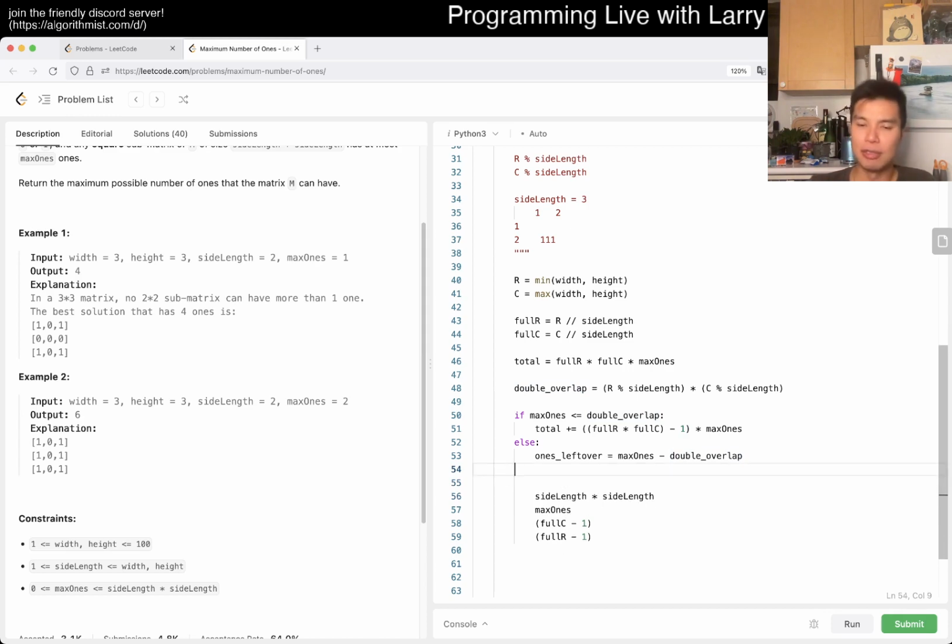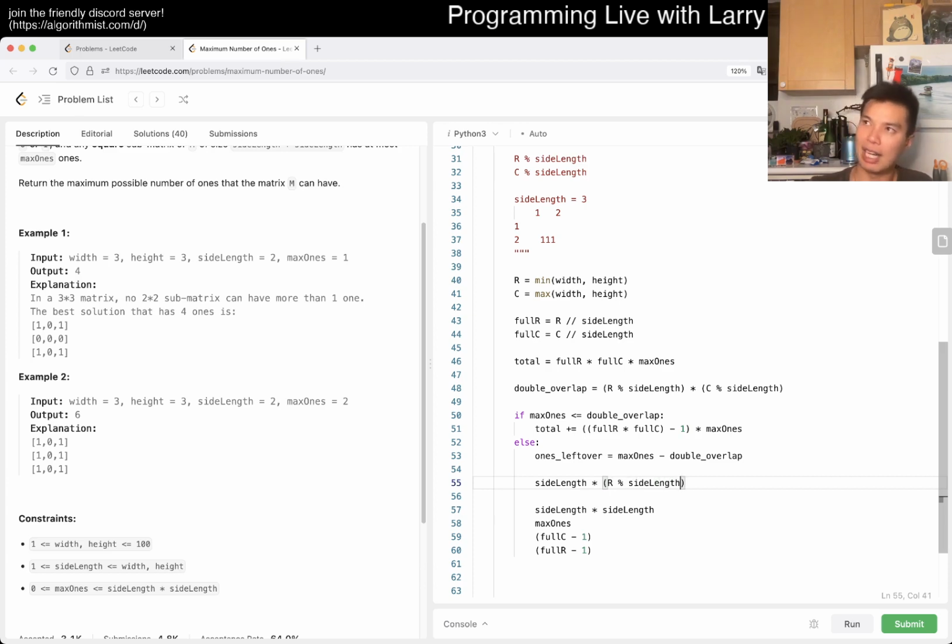Okay, so we have ones to fit, right? And we put it on the full C-1 first because that's the impact that we get. So how many times can we fill it before it's full, right? So that's side length times R mod side length, right?